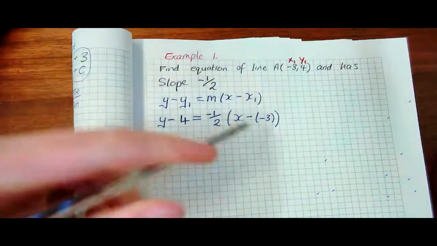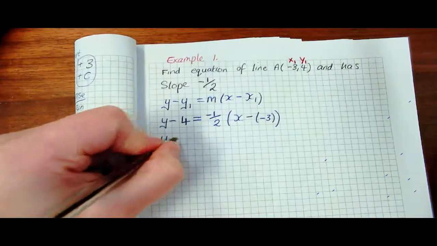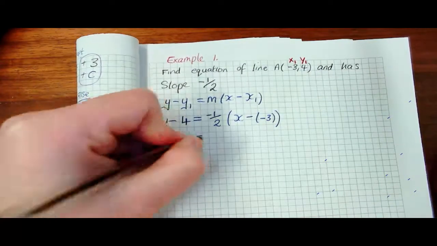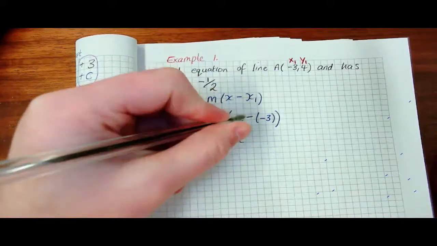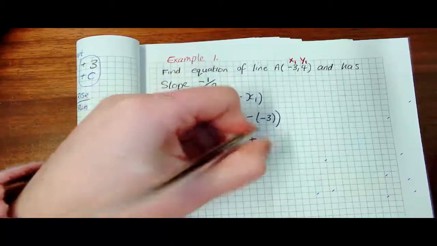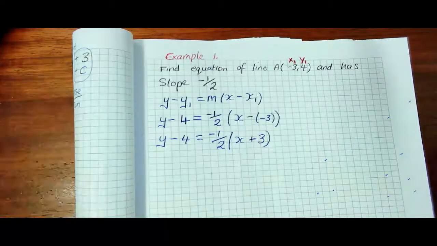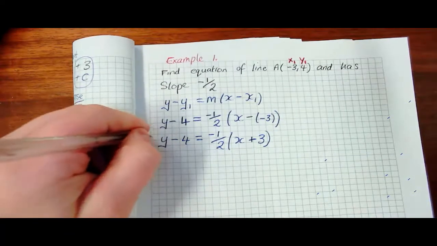Okay, I'm going to tidy up this little bit here first. So my y minus 4 is equal to -0.5 by x, minus by minus is a plus, so it's just 3, and close my bracket. Now I don't really like working with fractions, so I'm going to multiply everything across by 2.